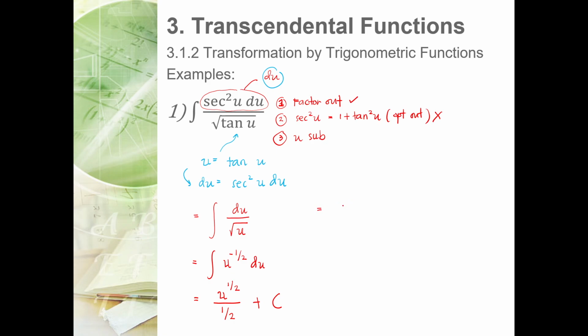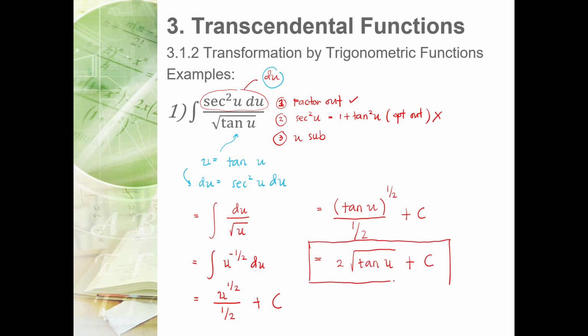We now have tangent u to the power of 1/2 all over 1/2 plus c. So the final answer would be 2 square root of tangent u plus c. So this is the final answer. Okay.